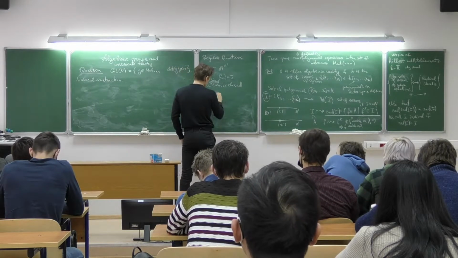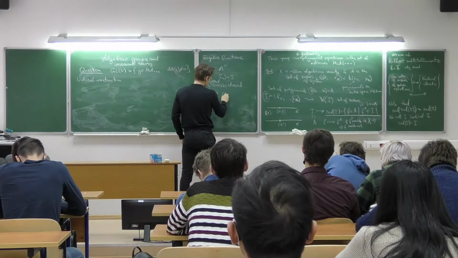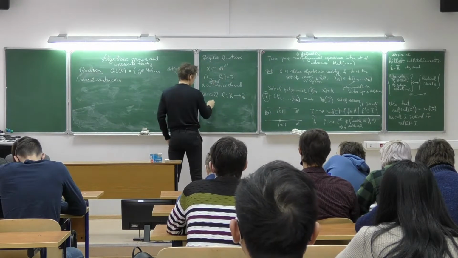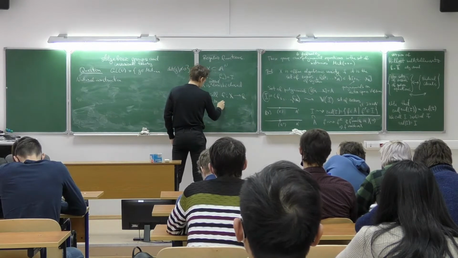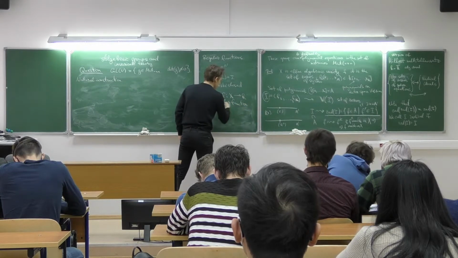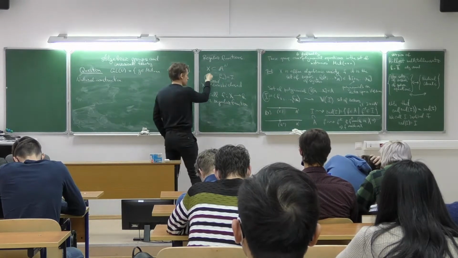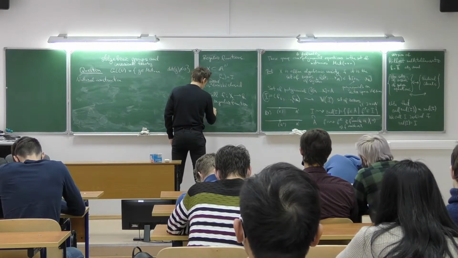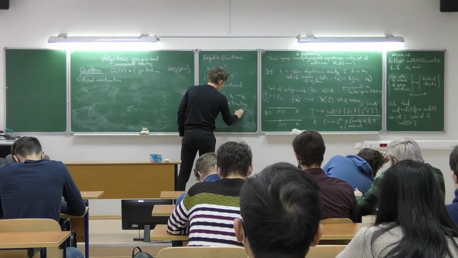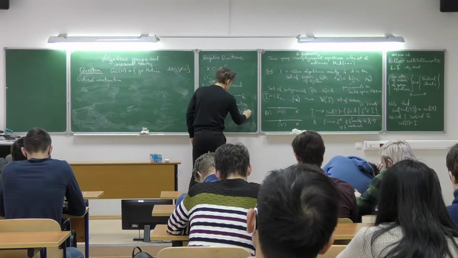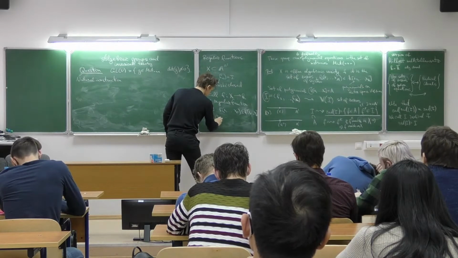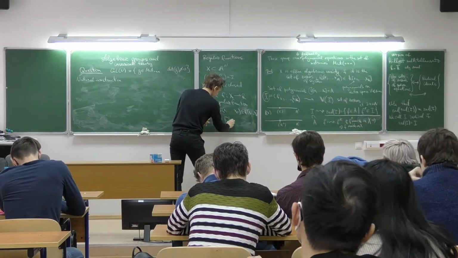We call a function f from the set of points to K a regular function if it is a restriction of a polynomial function, if there is a polynomial in K[x1, ..., xn] such that the function f is equal to the restriction of that polynomial to X.